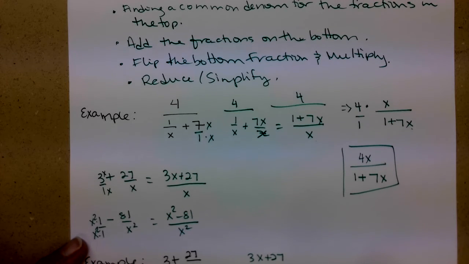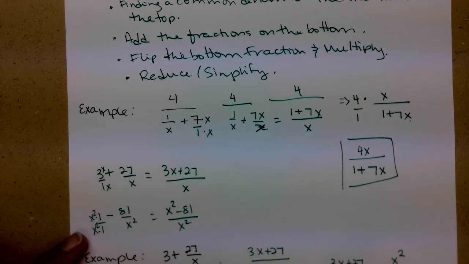Flip and multiply. So 3x plus 27 over x times the reciprocal of the bottom, x squared divided by x squared minus 81. Now we need to look for common factors. So I chose this one so that we had some factoring to do because we don't want to get rusty on our factoring.